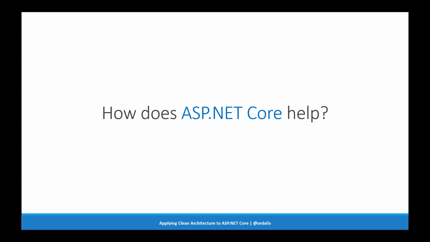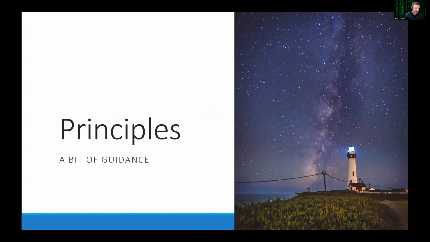All right, so let's talk about some principles. And so the way I look at architecture and the way I try and present it here in this presentation is that there are underlying principles that apply to software development, software architecture, that we can use to evaluate and guide different approaches to architecture or software design.